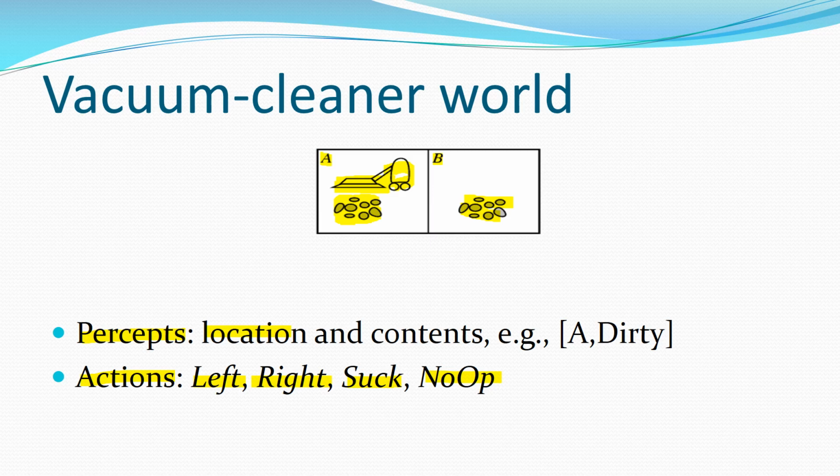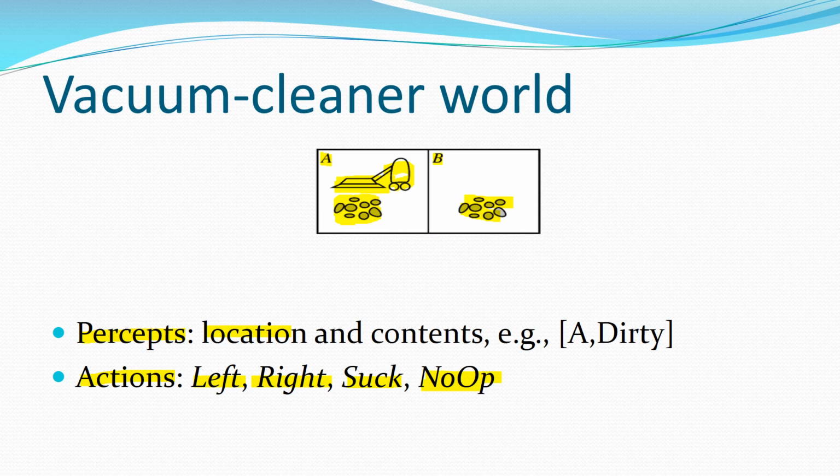After moving right, it will sense whether there is dirt or not. If there is dirt, then it will suck. After that, it will sense in which room it is. If it is in room B, in that case, it will move to the left. After doing these things many times, if both rooms remain clean, the vacuum cleaner will perform no operation.